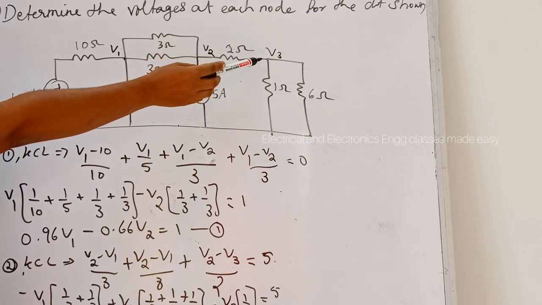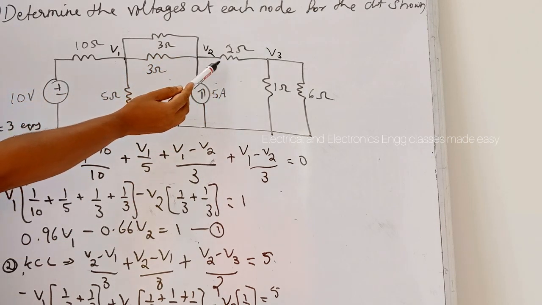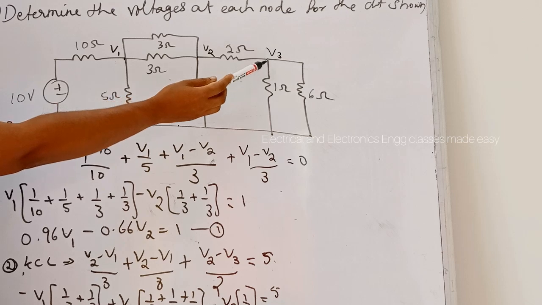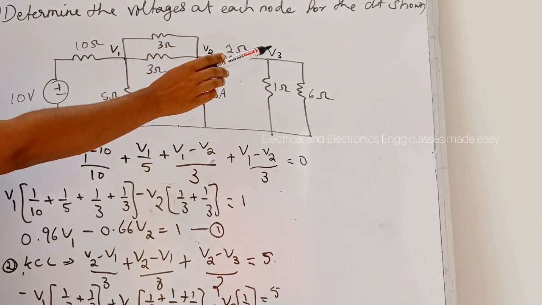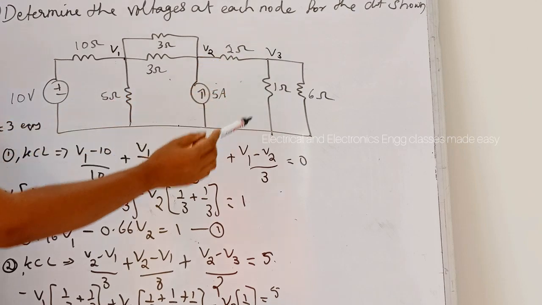Then at node 3 we will get V3 minus V2 divided by 2 plus V3 divided by 1 plus V3 divided by 6 equal to 0, because here no current source.